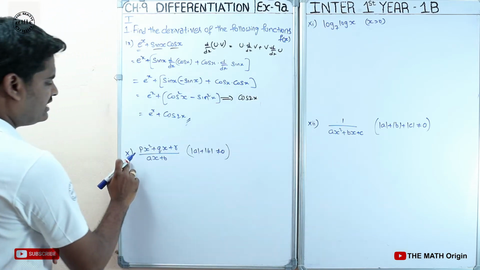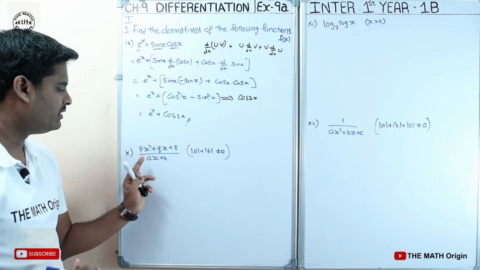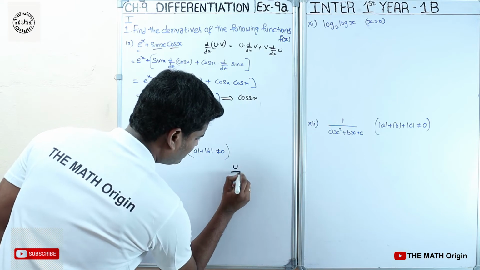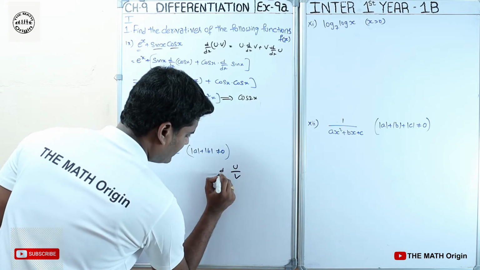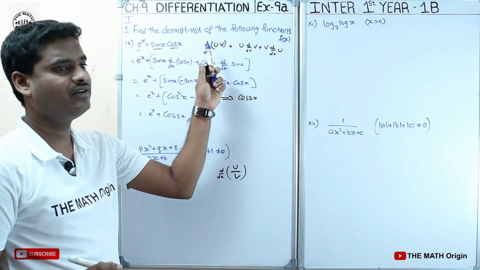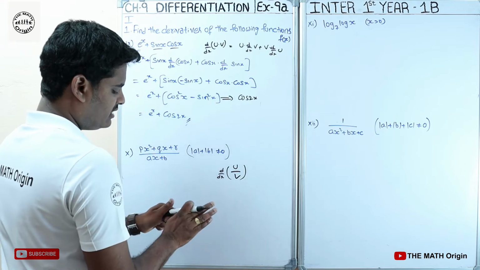Now the 10th question: (p x square plus qx plus r) by (ax plus b). If you see, the given equation is in the form of u by v. Now we need to do differentiation of u by v. Till now we have done differentiation for multiplication. Now we need to do differentiation for division.